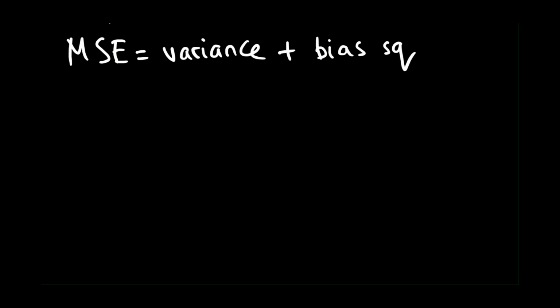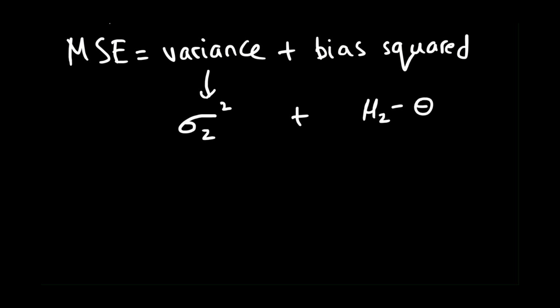The variance of the estimator, Z being our estimator, is simply sigma squared Z, plus the bias, which is simply mu Z minus theta, and we're going to square this whole thing. So we can show that the mean square error can also be expressed as follows.